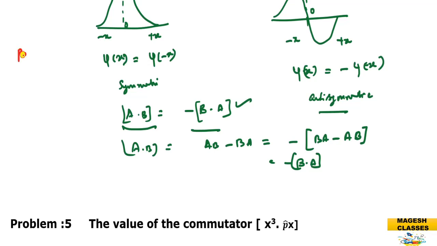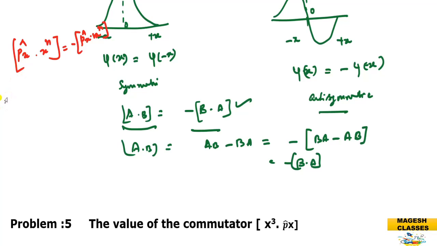By using this relation, you can find the value of this one. The momentum operator Px with x power n, the two operators. It is antisymmetric in nature. So this is equal to minus commutator x, x power n. How can you prove?